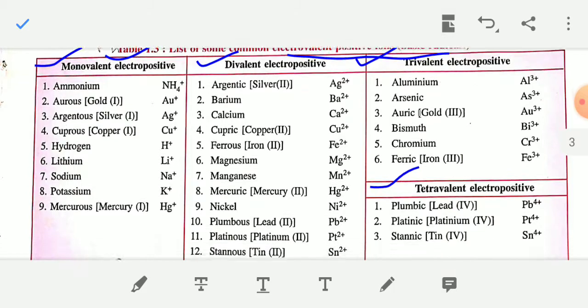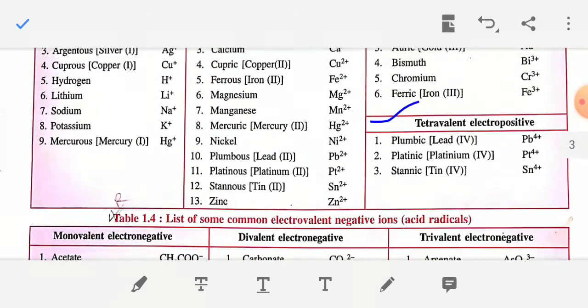And the last one is tetravalent basic radical. Plumbic, that is Pb4 plus, platinic, that is Pt4 plus, stannic, Sn4 plus. These are tetravalent basic radicals.